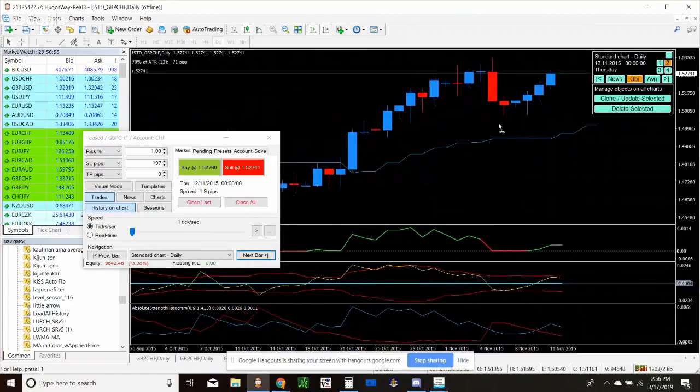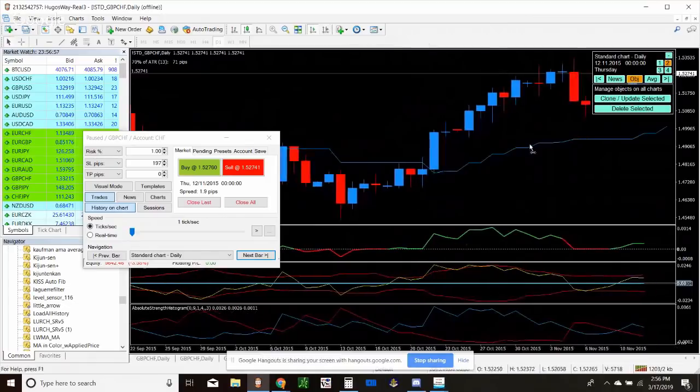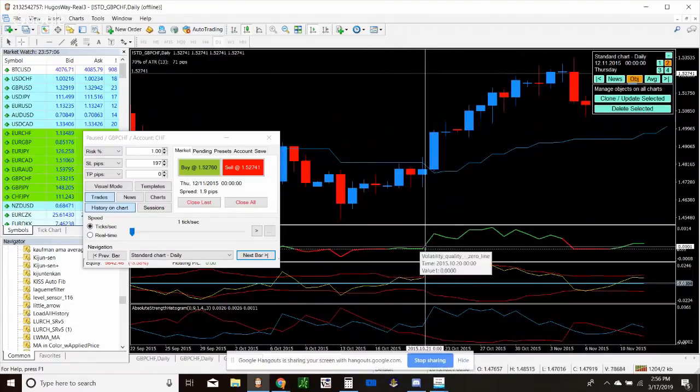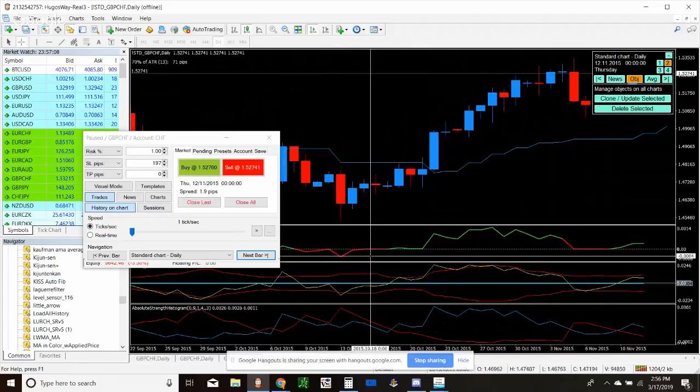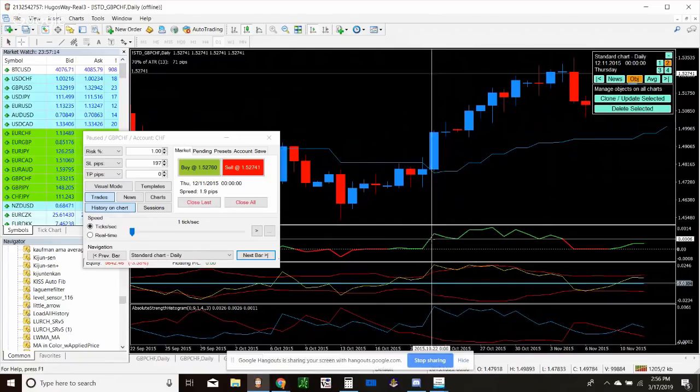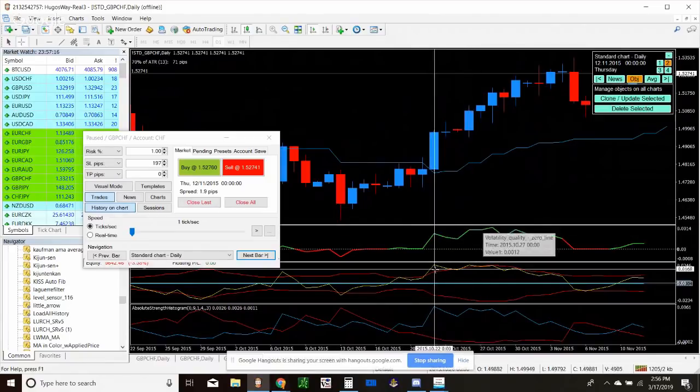See this one right here where the red's on the 0 line, that would also be considered consolidation, where the green's on the 0 line. So essentially above or below that 0 line is outside of it.